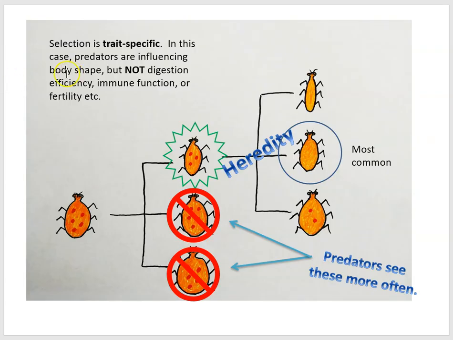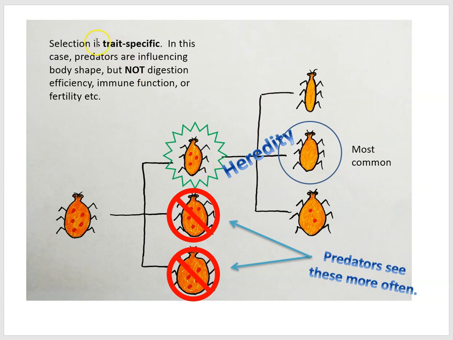Selection is trait-specific. In this case, predators are influencing body shape, but not digestion, efficiency, immune function, or fertility, etc. So we were focusing on predators that were selecting camouflage, body shape, as a means to camouflage. There are lots of other traits that every individual has. In this case, the predators are not affecting those traits.